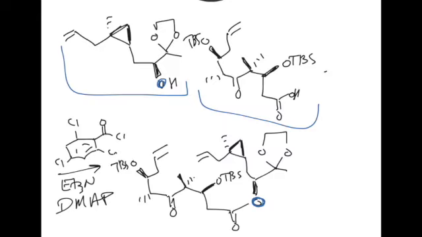So we keep our stereochemistry, right? So we don't break this bond right here. Since it's a wedge, it stays a wedge in the product, right? Because I'm just using that oxygen as a nucleophile.